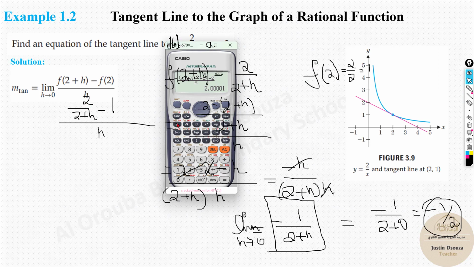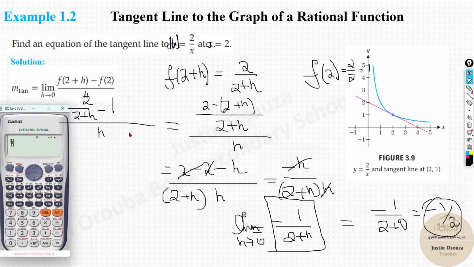So what you must do is substitute this properly. Right over here, 2 divided by 2 plus h is not there, it's x minus 1 divided by x. And now take x near 0, 0.001. It's negative 4.999.